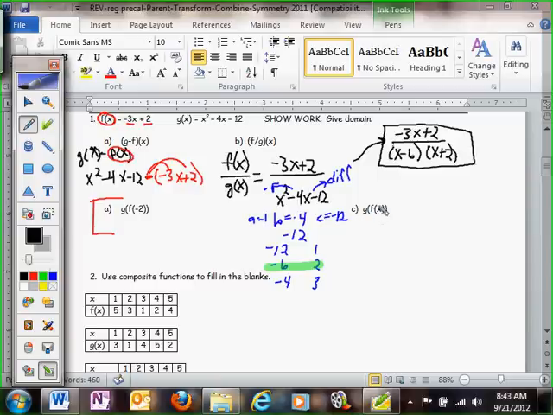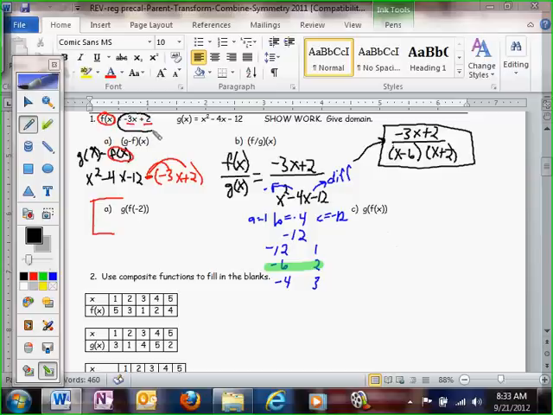So what I want to do first is find the inside. You always work from the inside out. Write down F of X. What is F of X? Well, F of X is still this thing up here, negative 3x plus 2, but I want G of this. This right here says G of F of X, because F of X is negative 3x plus 2.